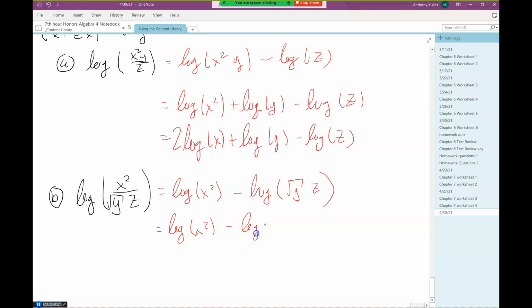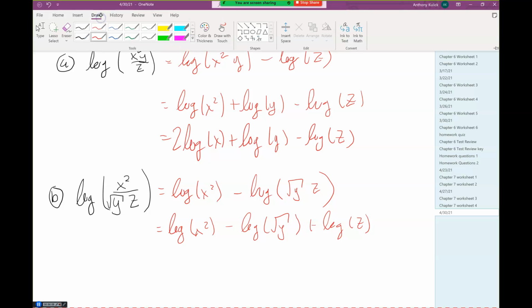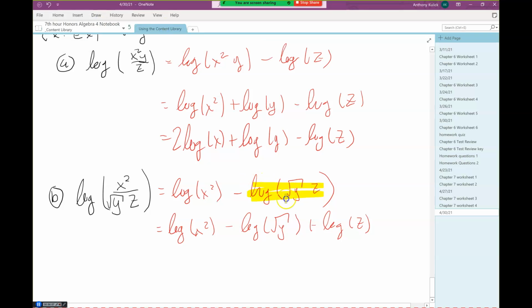I'm guessing that many of us wrote this, which is incorrect. The tricky thing is, this whole logarithm is negative. So when I apply that product property, everything that it becomes also has to be negative. So like that negative sign has to distribute through.